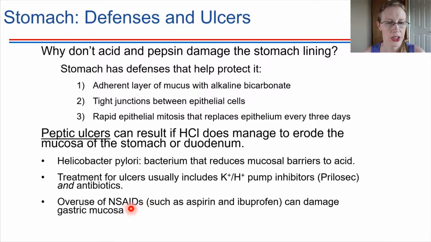And again, we've already mentioned that there are some substances that can damage the mucous membranes. Overuse of non-steroidal anti-inflammatory drugs. For some people, this is hard to avoid. This is a hard balance. They might have a good reason for taking ibuprofen for inflammation control, but using it too much can lead to problems in the GI tract, in the stomach specifically. So that can be a challenging balance for some people to achieve.